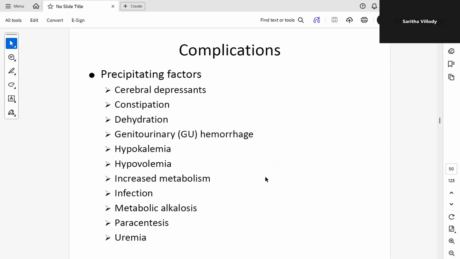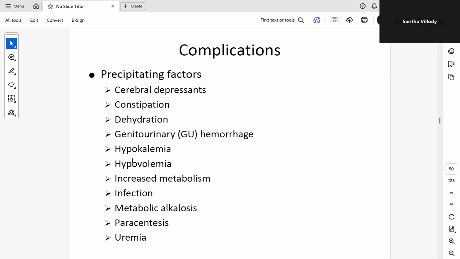What other complications did we miss? So we talked about cerebral depression, which is hepatic encephalopathy, could cause reduced blood supply or congestion, causing constipation, dehydration, hemorrhage, etc. Electrolyte imbalance, the common ones you see are hypokalemia and hypocalcemia.